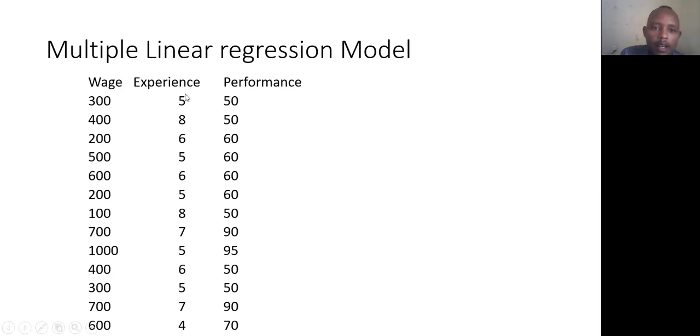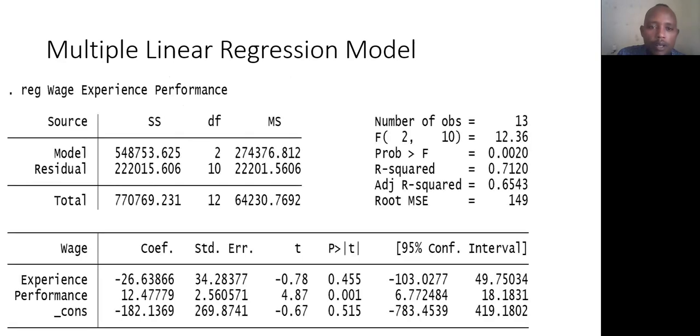Here I included experience and performance as independent variables because variation in wage may come not only due to experience, but also due to the performance or evaluation or the efficiency of employees. When their performance or efficiency increases, we expect that the wage level also changes or increases. And to do that, here I included performance.